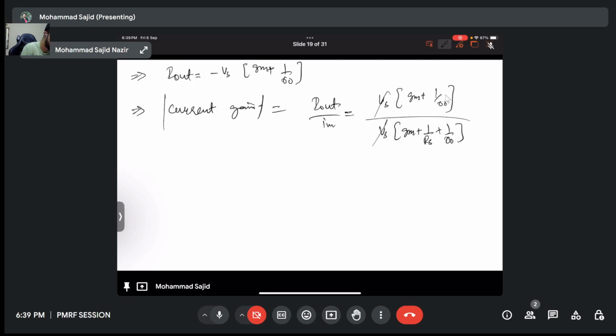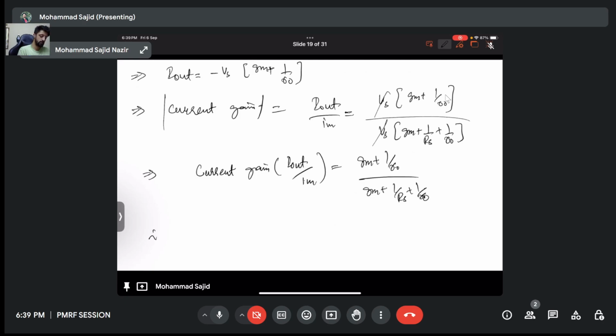So Vs and Vs will cancel. So this implies current gain I output by I input is equivalent to GM by R naught divided by GM plus 1 by Rs plus 1 by R naught.